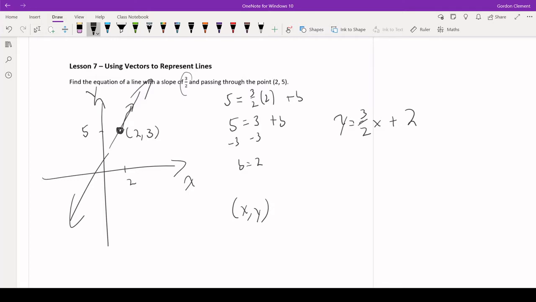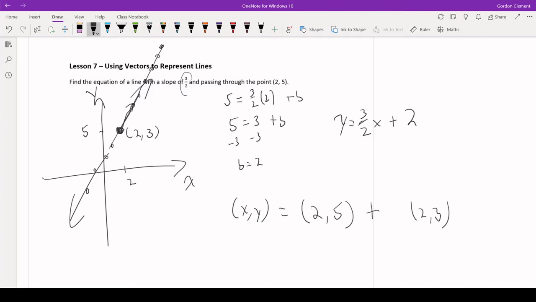And so how we're going to start to represent lines is this way. We're going to say (x, y) is: start at (2, 5), and add to that something in the direction of (2, 3). So we're allowed to go anywhere along that path. I don't want to just add (2, 3) because then that would stop there. I want to be able to stretch that (2, 3) vector so I can get all the points along that line.